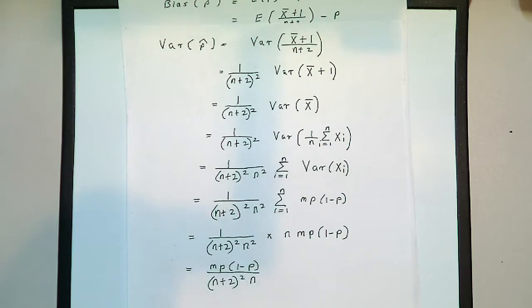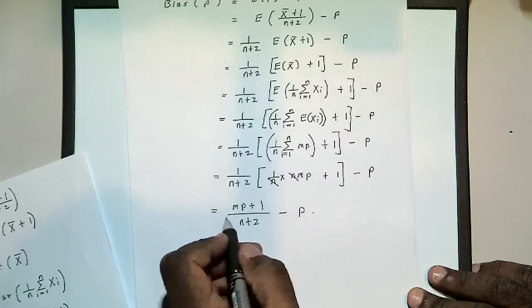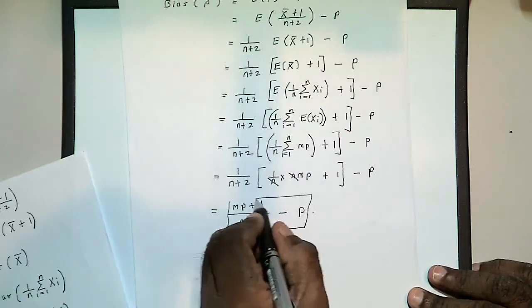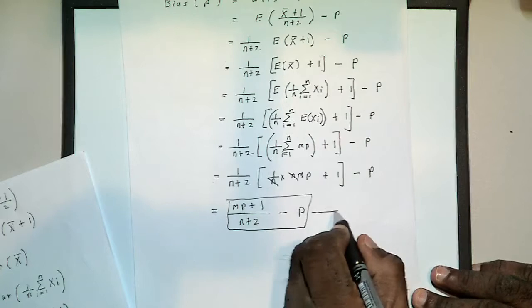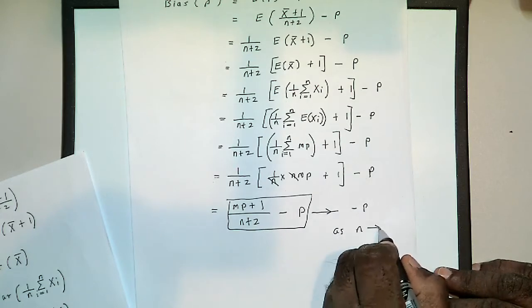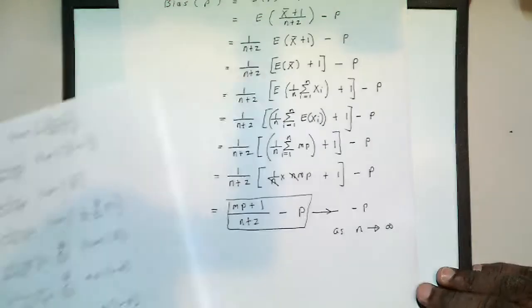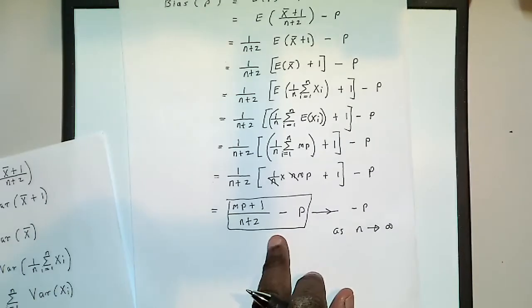As n approaches infinity, this goes to 0. That's a good thing. However, this one here, as n approaches infinity, goes to minus p, which is not a good thing. So this is not an unbiased estimator.